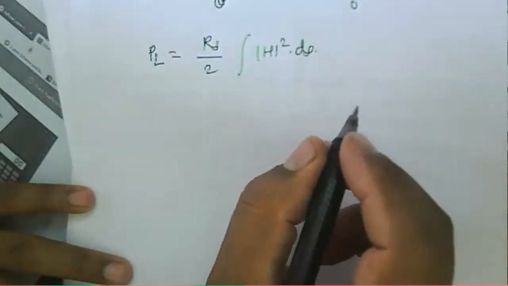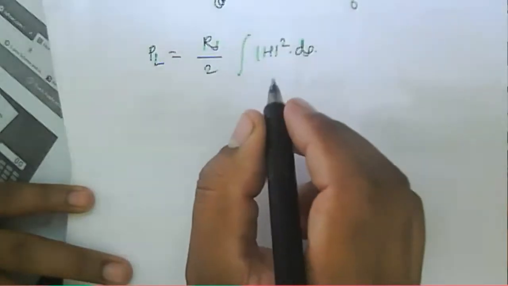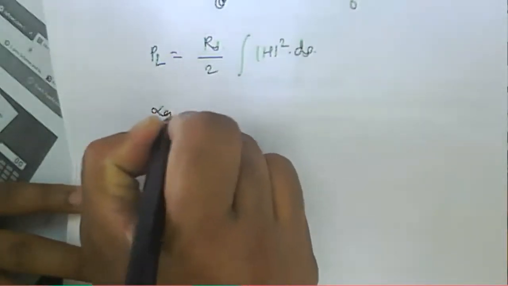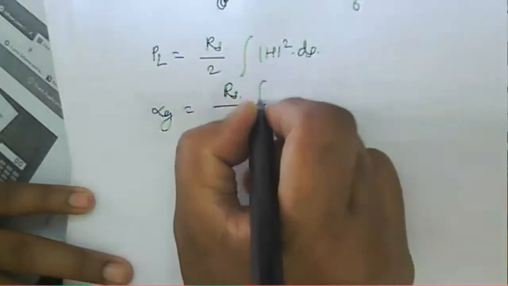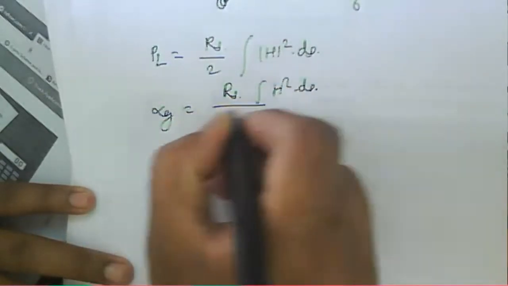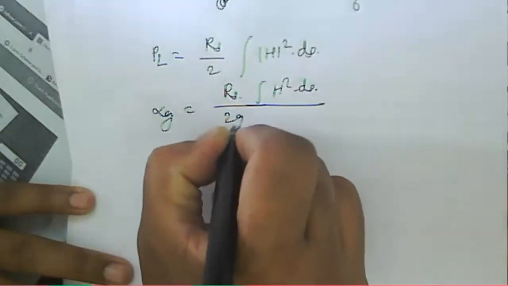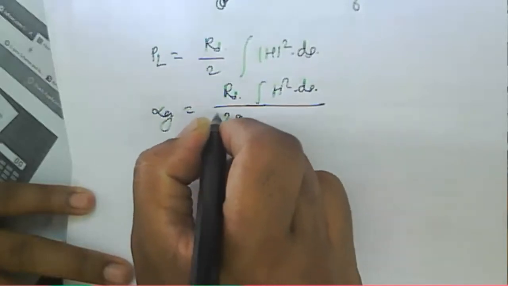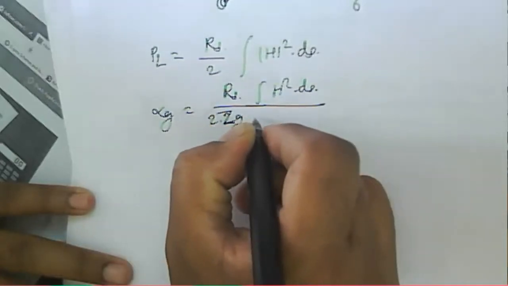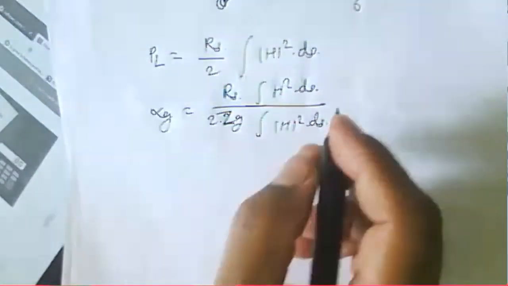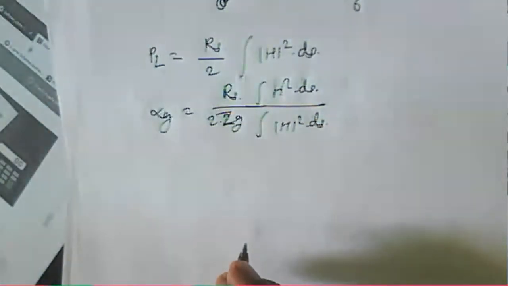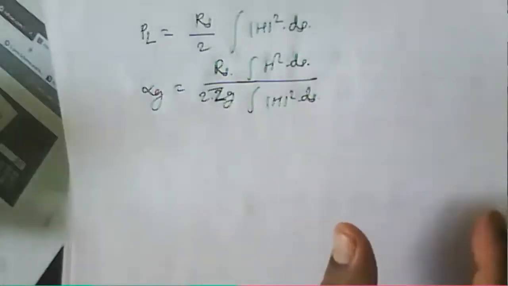So if you write alpha g, the guide loss, in terms of surface resistance, it is the integral of H square ds. Similarly, we have the expression for the power losses.